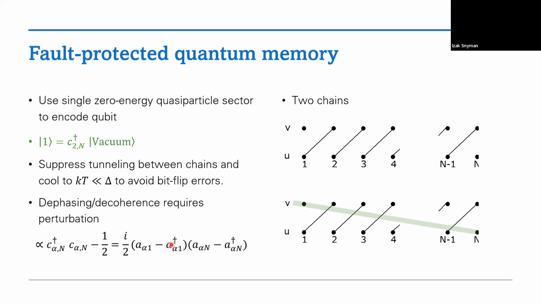So if the chain is long enough, there aren't any non-local perturbations like that. So one thing that makes me excited is that this seems to be automatically protected against dephasing and decoherence. I could also tell you about some fancier things about braiding of these that allow you to do some quantum gates topologically. But I'll come to that.